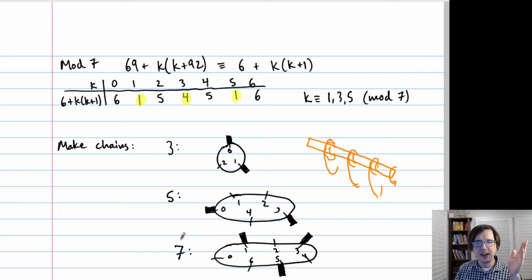Because these are all relatively prime chain lengths. And then if that worked, then great. But if it didn't, then I can continue the machine running, and then it will stop and give me the next possible value.